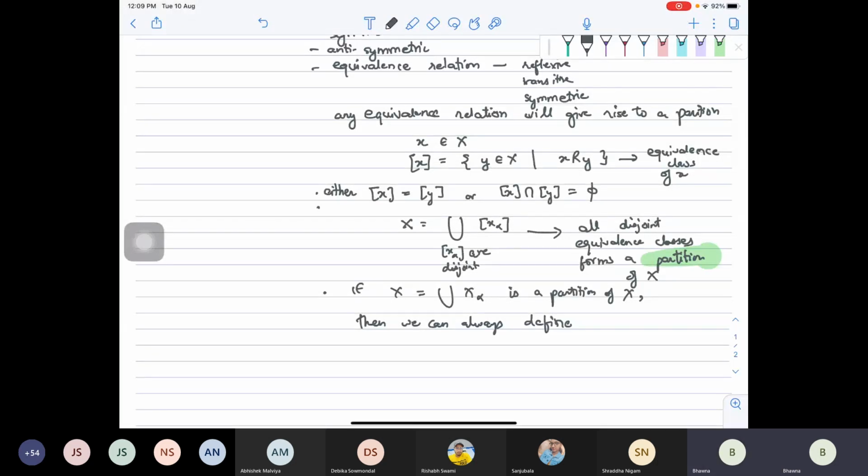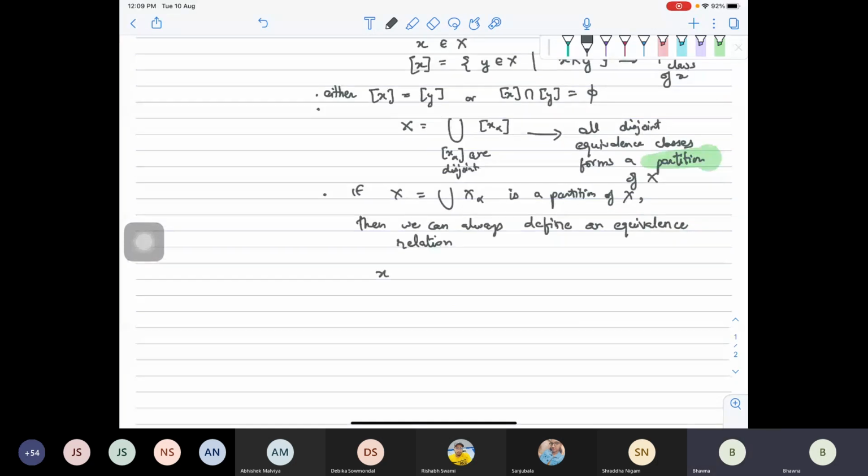Any guess? Okay. So if x and y are in X, we define x is related to y if and only if both x and y are in the same partition, the same subset of the partition.